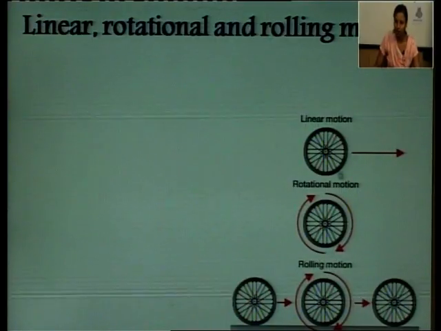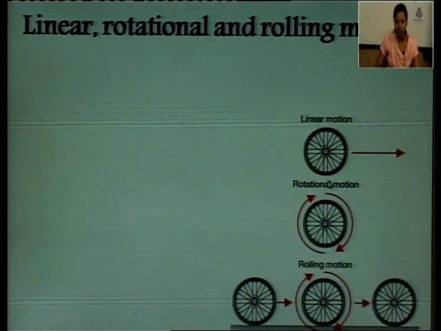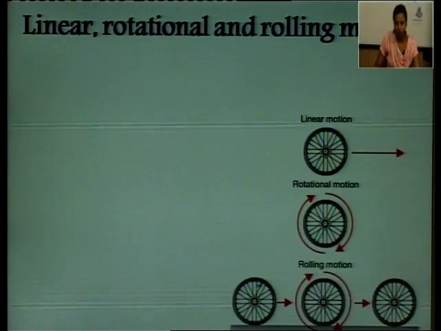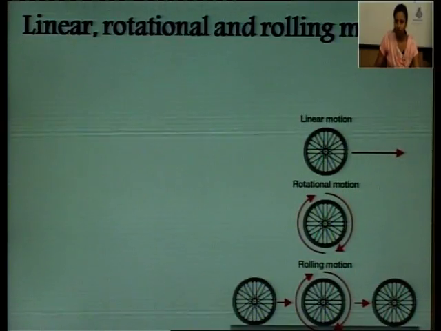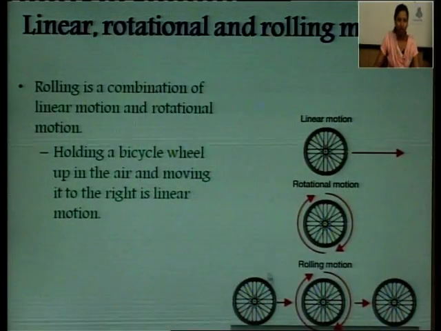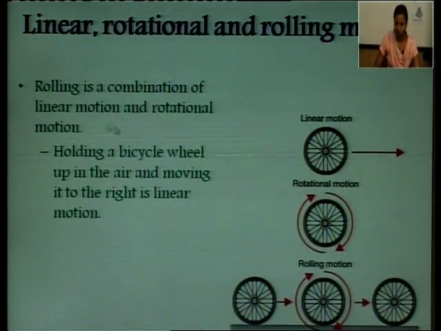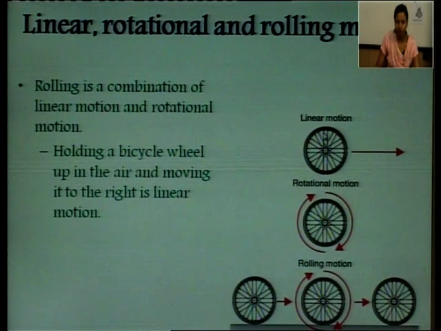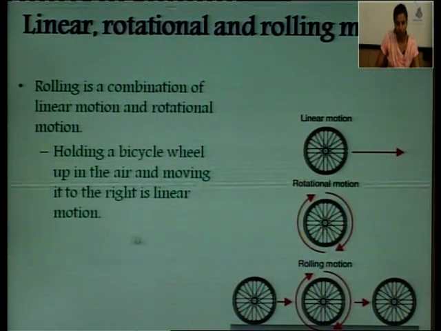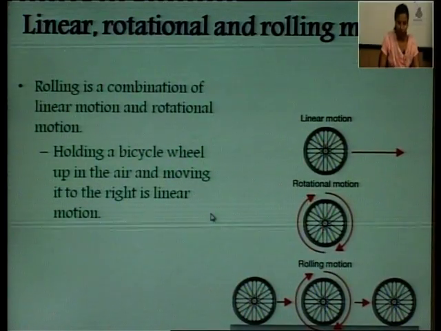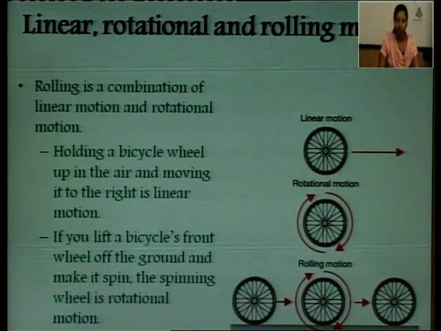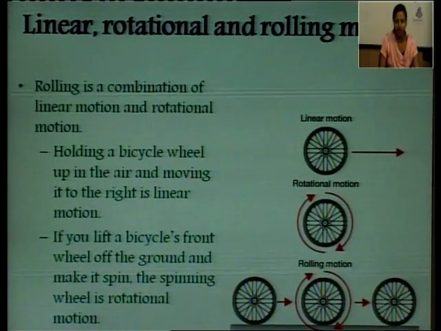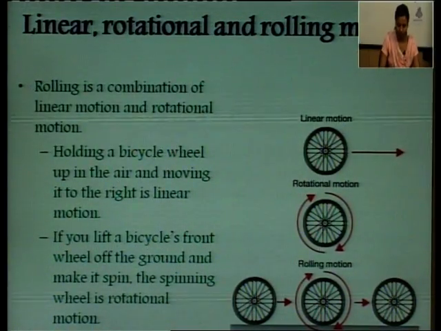In rolling motion, it includes linear motion as well as rotational motion, that is the body is moving in the forward direction and as well as it is rotating. So rolling is the combination of linear motion and rotational motion, like we can take the example of a bicycle. It is moving in the forward direction as well as it is having rotational motion.